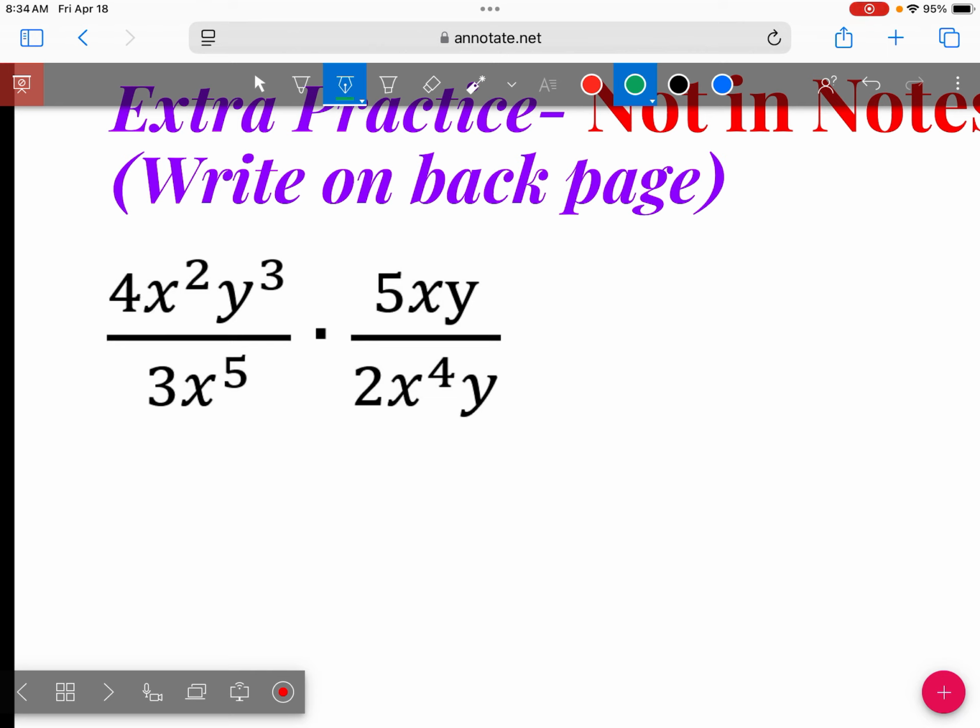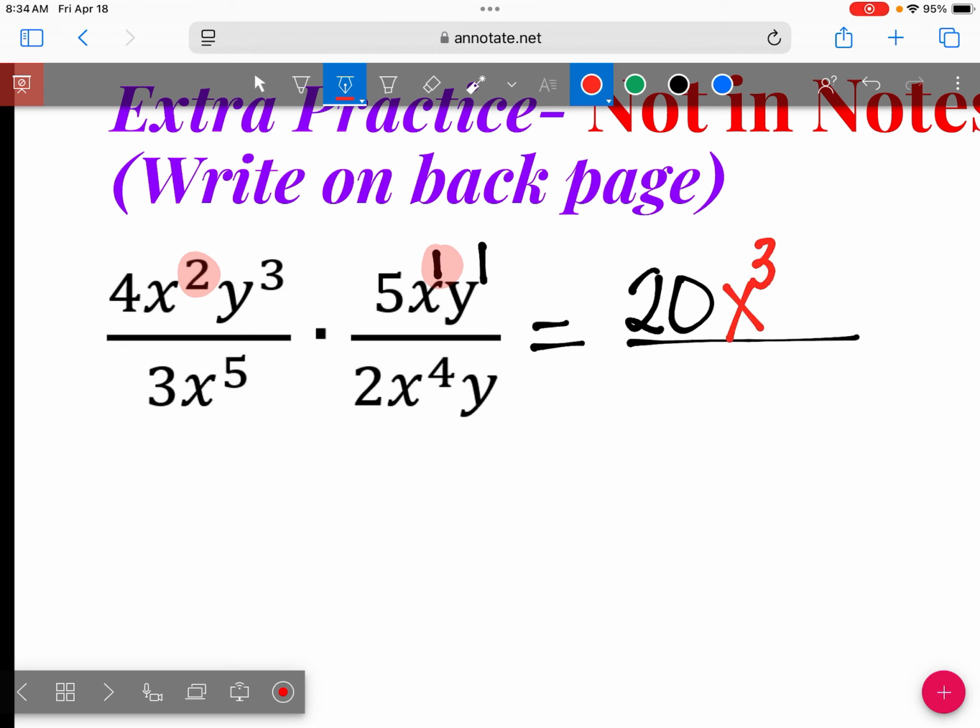All right, so let's go ahead and look at it together. First thing first, I'm going to multiply my numbers. So 4 times 5 is 20. And then these have invisible ones. So I'm going to add together 2 and 1, which is 3. Then I'm going to add the y's, 3 and 1, which is 4.